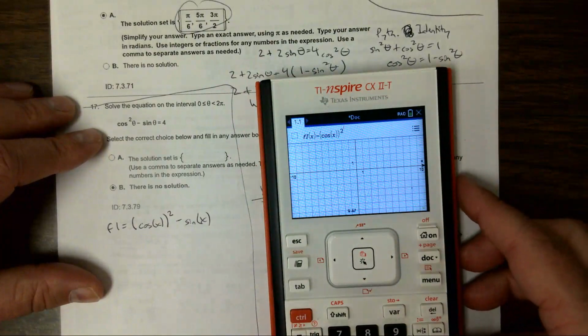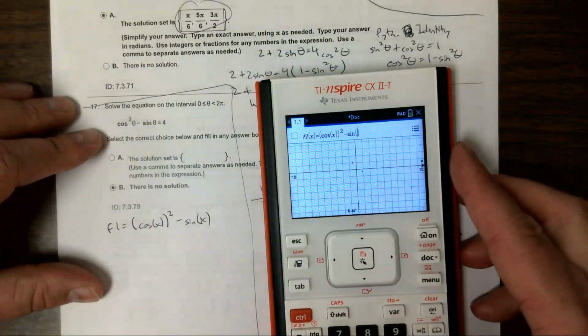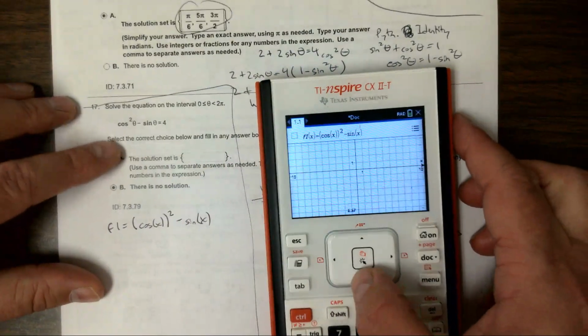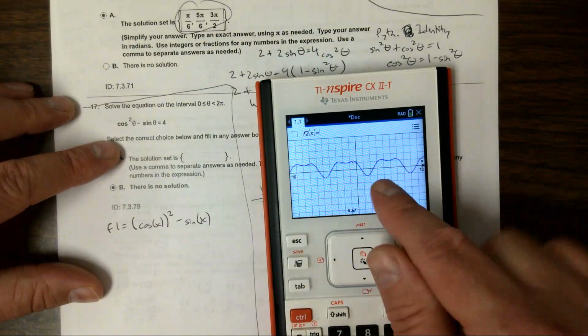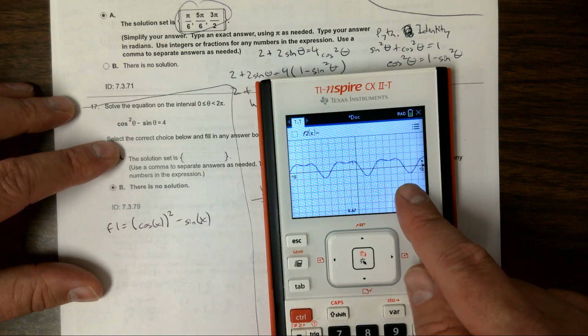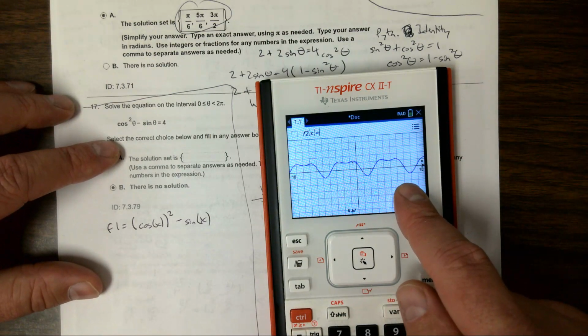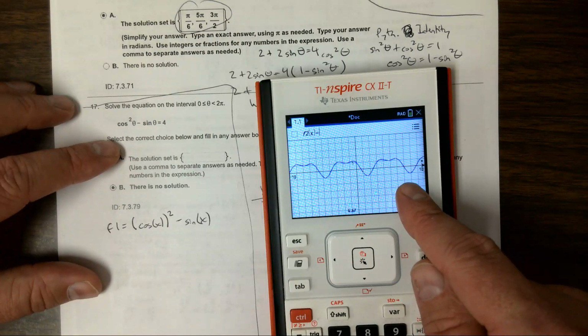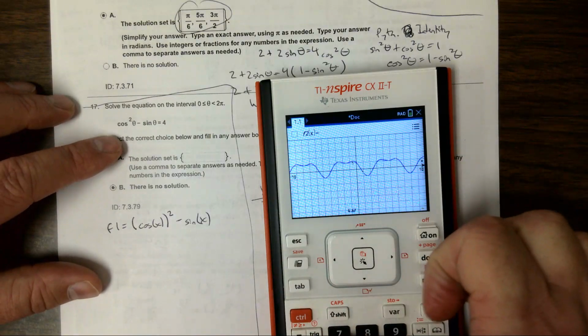And then minus sine x. Okay. Looks like a tooth, or several teeth. Or it could be like a mountain range. Okay. And then F2 is 4.